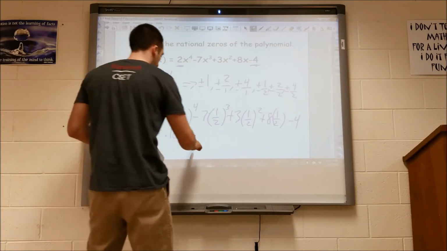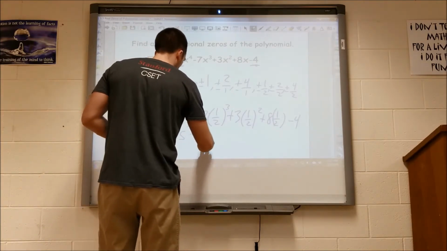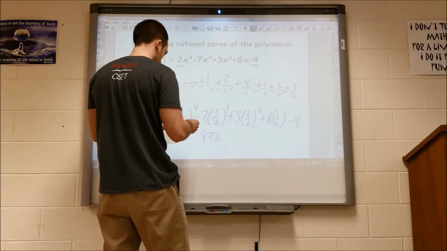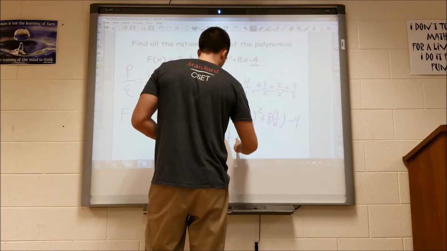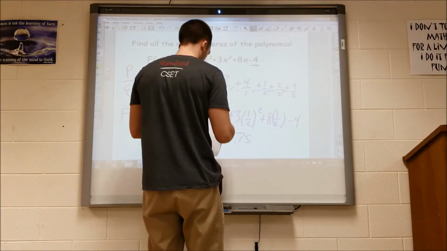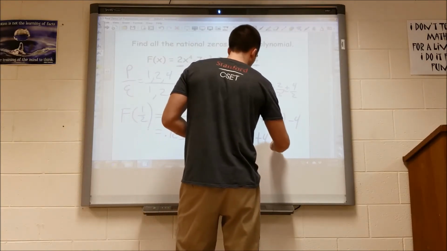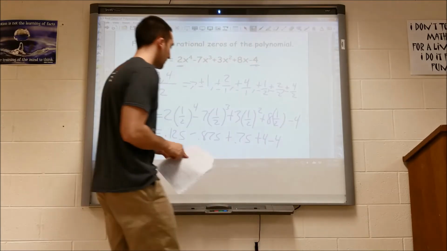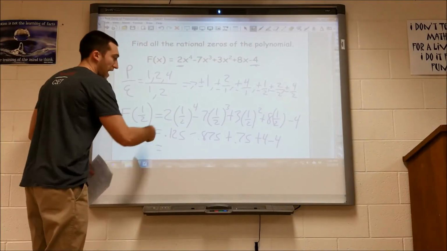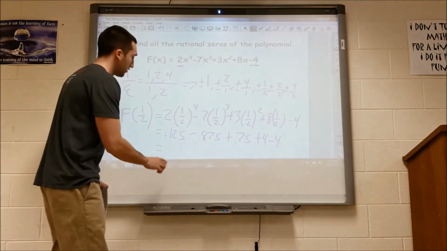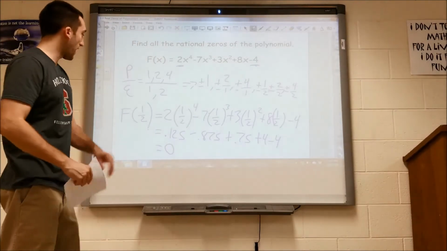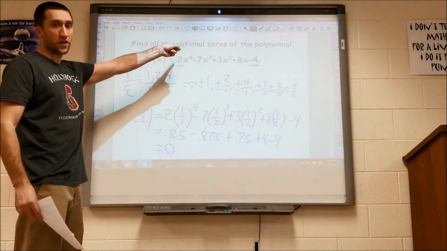So 0.125 minus 0.875 plus 0.75 plus 4 minus 4. Okay, and when I add all of those up, I actually do get 0. So 1/2 is a 0 of this function.